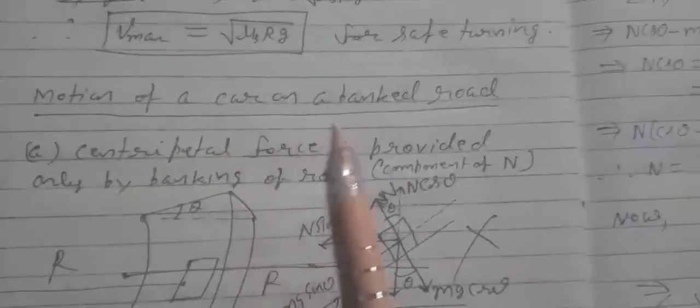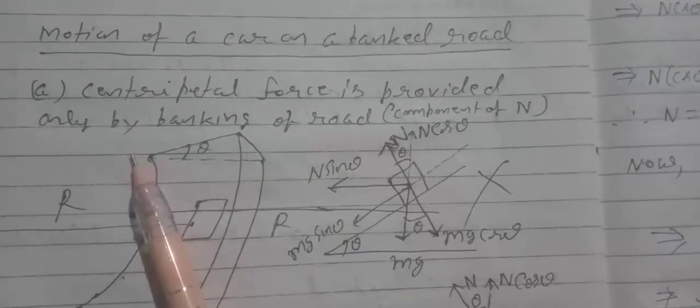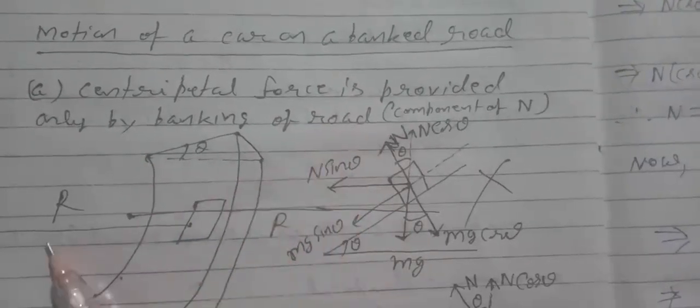Now, motion of a car on a banked road. Here the centripetal force is provided only by the banking of the road, a component of N. Here the situation is shown.